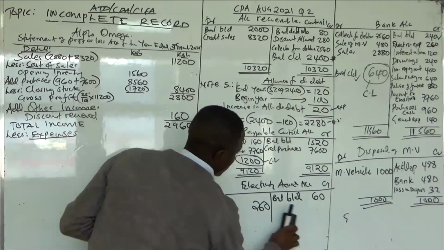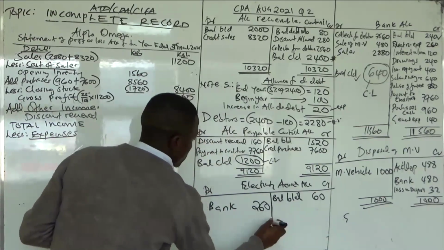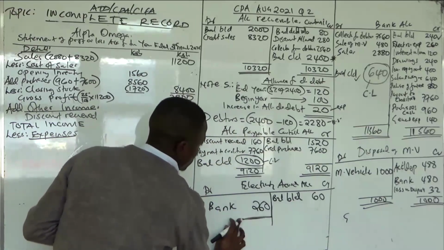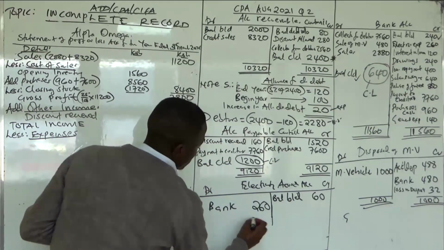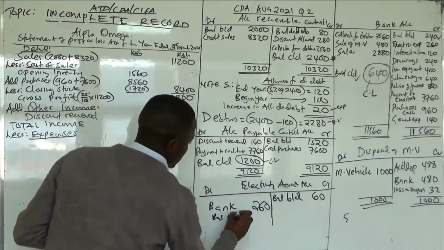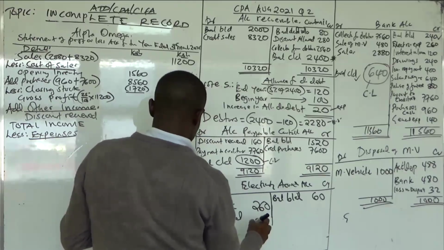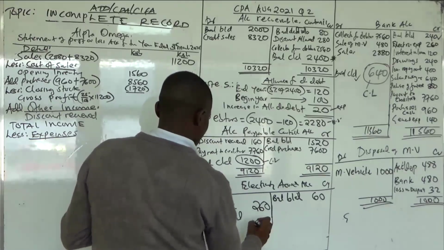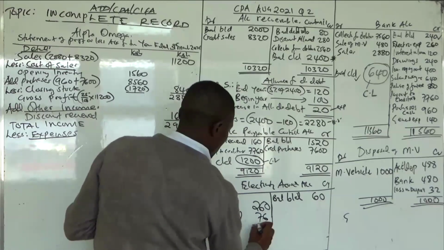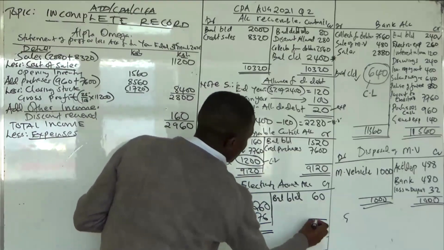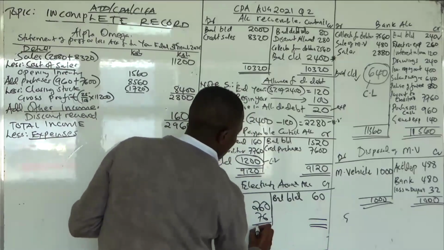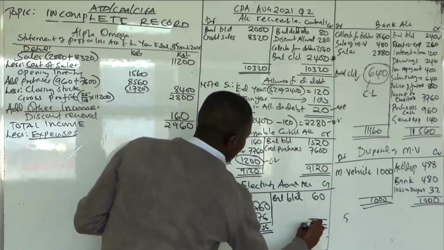Let me write it properly up here. Balance carried down you said is 76, eh? It is 76. What is the total? 336. So what is the balance?